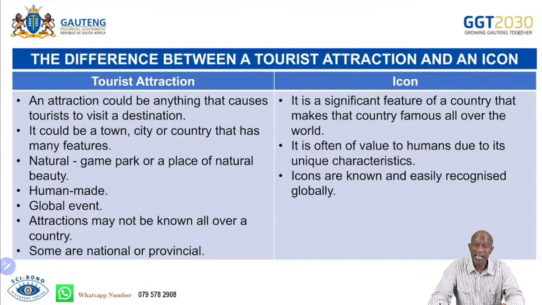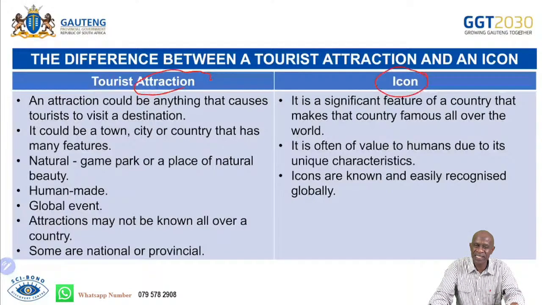Now, as we move further, we are going to explore the difference between a tourist attraction and an icon. We are going to compare and contrast an attraction as opposed to an icon.